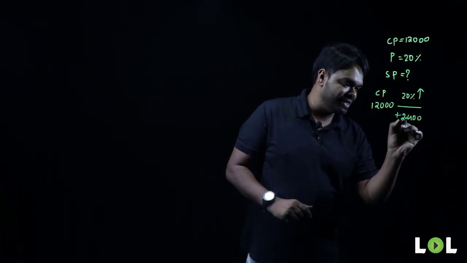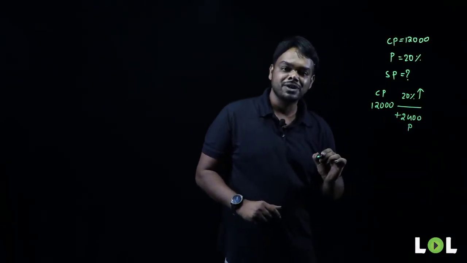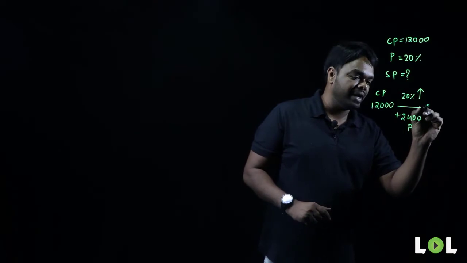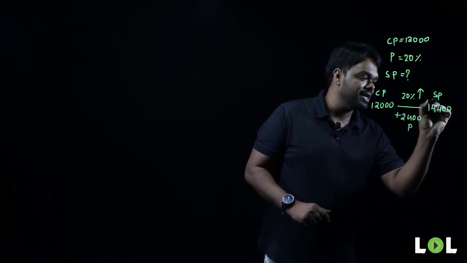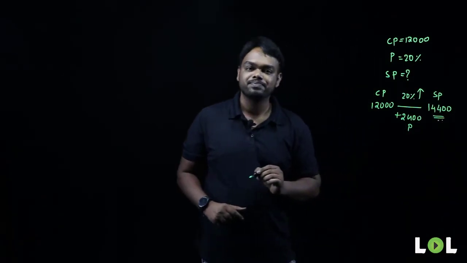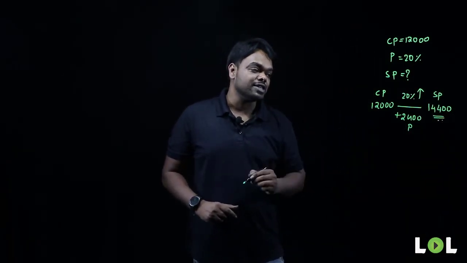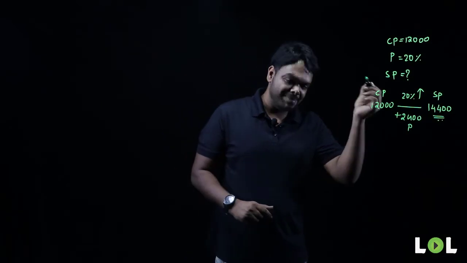So basically this is your profit. If you increase it by 2400, then you should get 14,400, and this must be your selling price. Well, what happens if it is a loss? Let us say the same example.